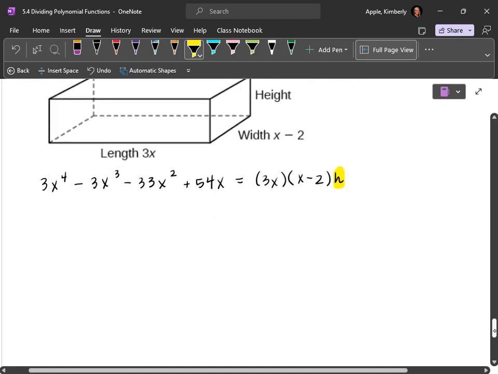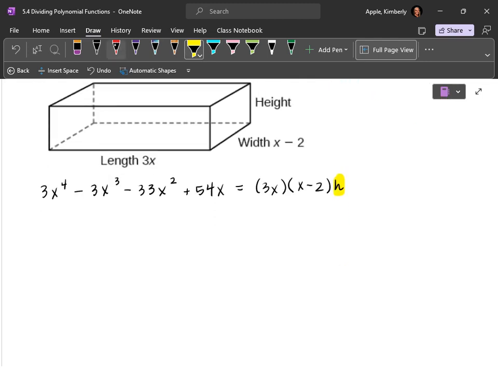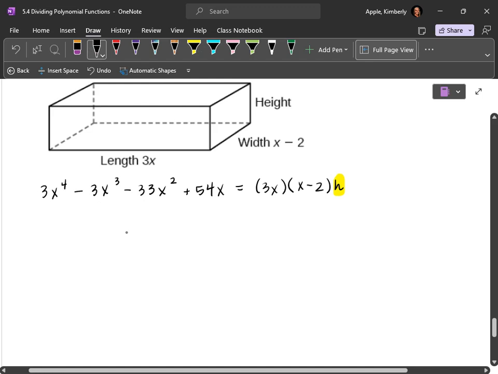So the first step is to divide both sides by 3x. We'll have 3x and 3x over here, and these will cancel out, so we don't need that.